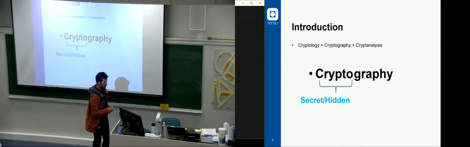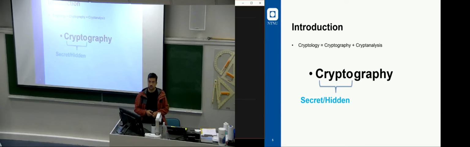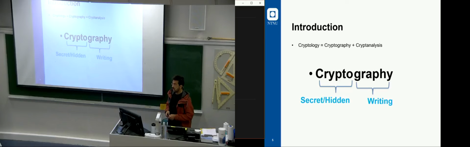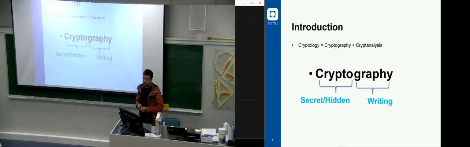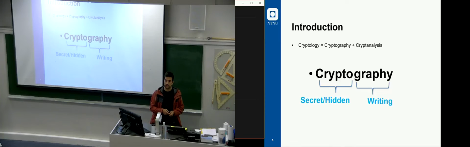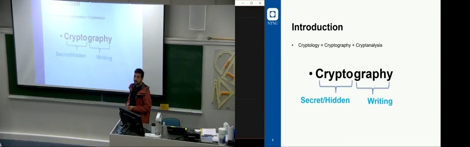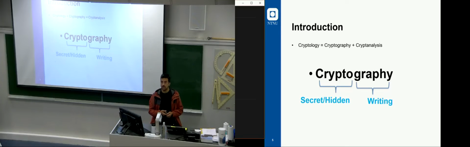One is crypto, which means hidden or secret, and graphy is writing. So from this word itself, we see what it is: writing something in a secret way is called cryptography. Why do we need to write something in a secret or hidden way?